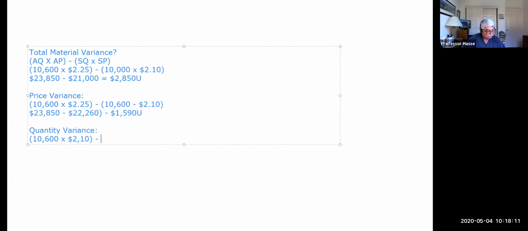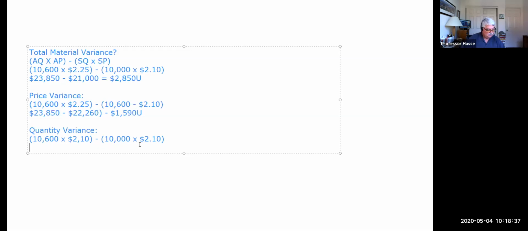From that, we subtract the standard quantity, what we thought we would use, which is 10,000, and multiply that times our standard price. Notice what we're doing here. The standard is the same price, but we're doing an analysis of the difference in what we actually used to what we planned on using.